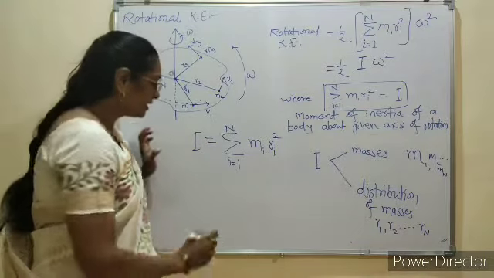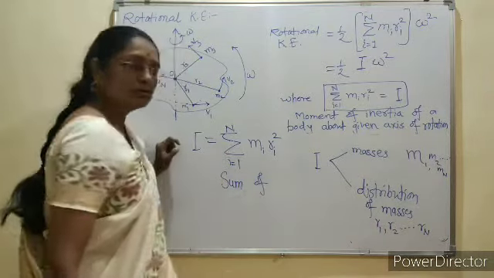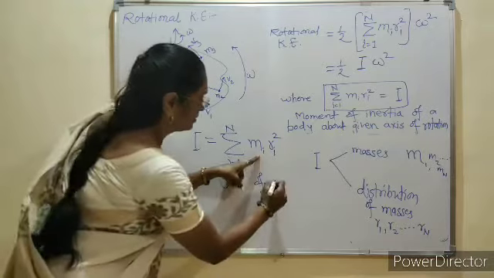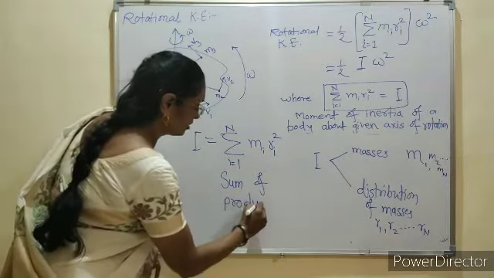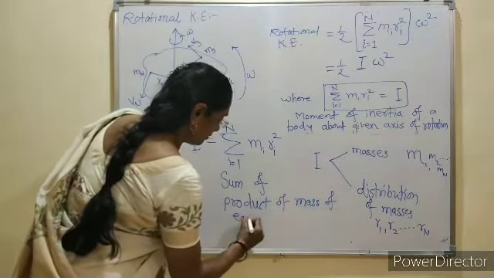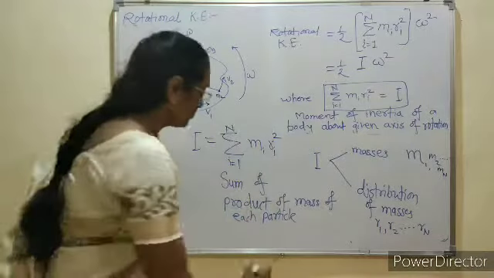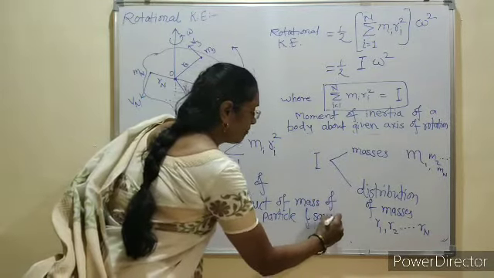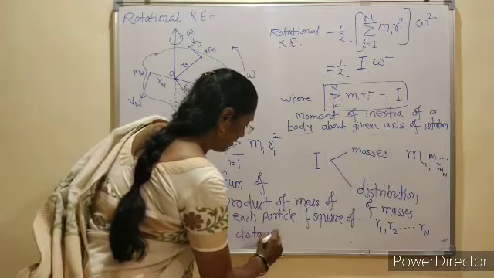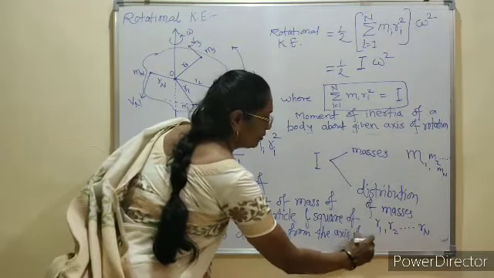We can define it like this: it is the sum of the product of the mass of each particle and the square of its distance from the axis of rotation.